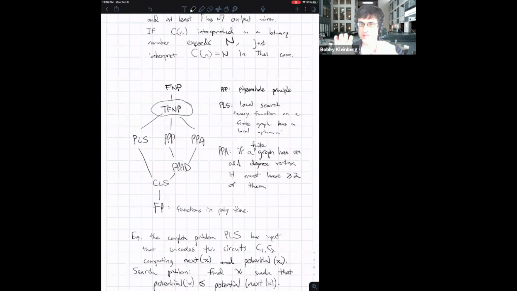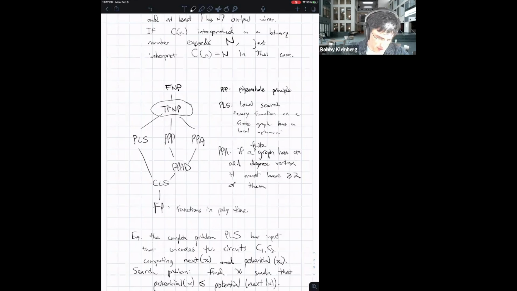The interesting problems in TFNP can be grouped into subclasses of computationally equivalent problems that correspond to interesting proof principles. And for all of these subclasses, we know a natural problem that is complete.